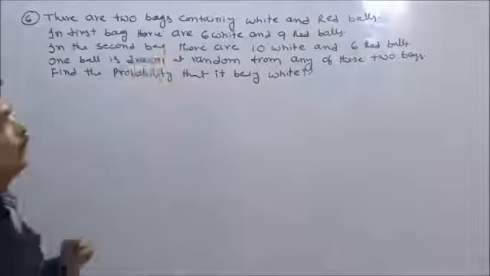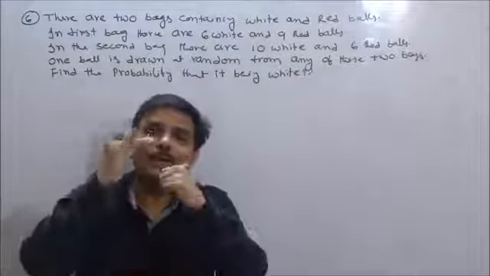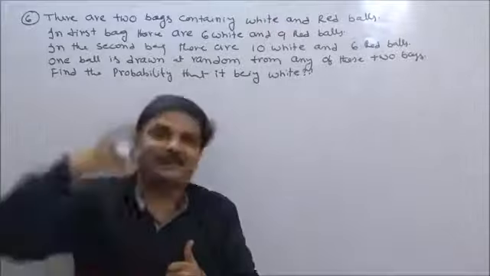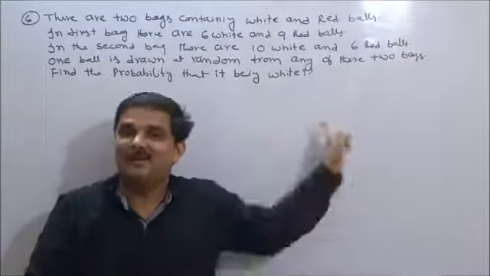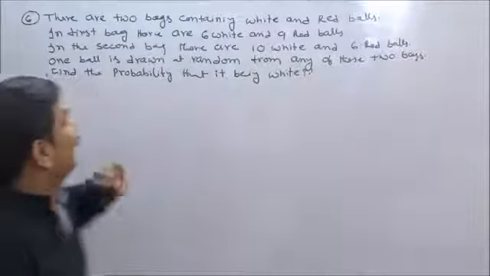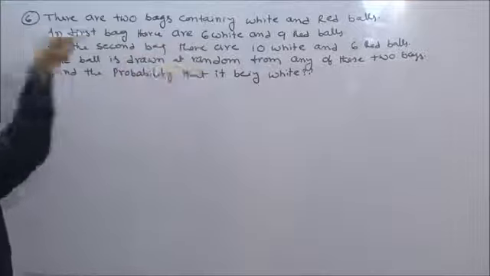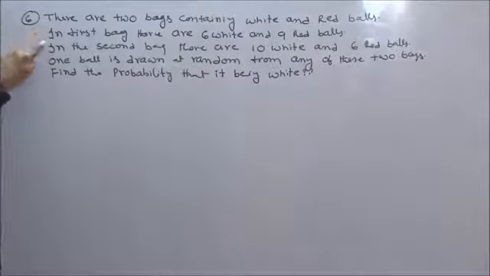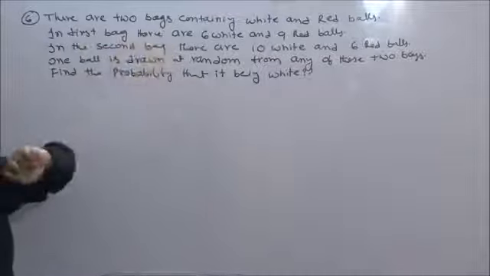First, you read out the question properly, right? Try to understand that one and try to do it on your own, right? After that, watch the explanation for the perfect way of doing the question and getting the answer. Alright, so here they have given it this way. There are 2 bags containing white and red balls. In the first bag, there are 6 white and 9 red balls.